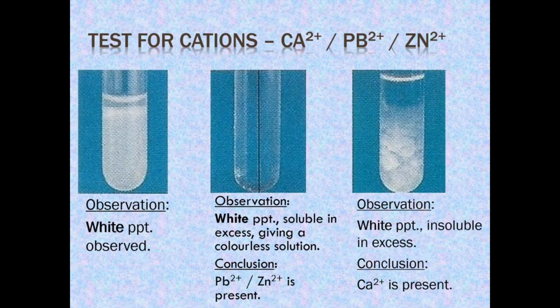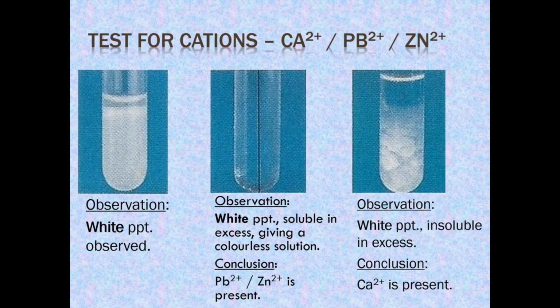So testing for cations, just like we said, with the calcium one, you'll observe a white precipitate. Now there's lead and there's zinc. This is another aspect that you should know. If you look at sodium hydroxide, a white precipitate is observed.